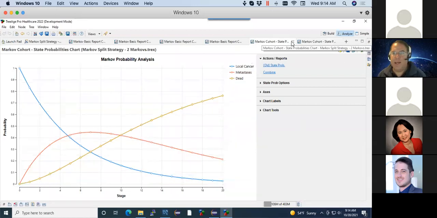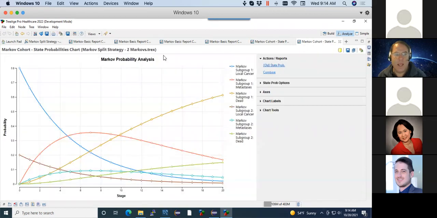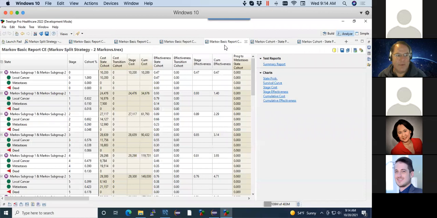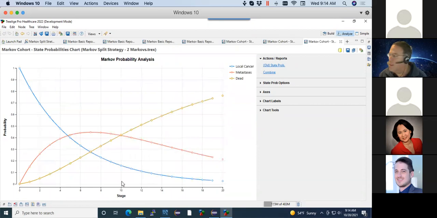But if I go through the process of combining them, well, I've already combined this, right? This is both subgroups. Then from that one, sorry, I skipped around here, where I've already combined the states, then the graphs and all the output is reflecting the 3 states that have been remerged.